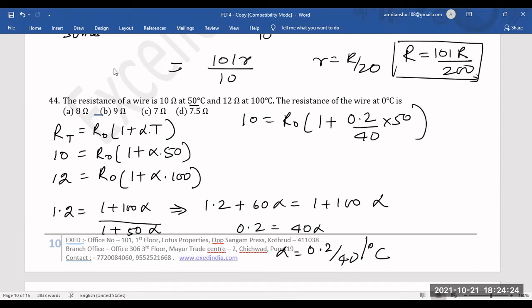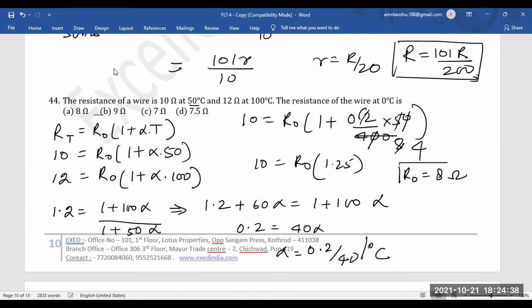Please solve this, or let me solve this. So this is 10 equals R naught into 1.25, and R naught is 8 ohms. So the point is, once you calculate this alpha and put it in this equation, you will get 8 as the answer.